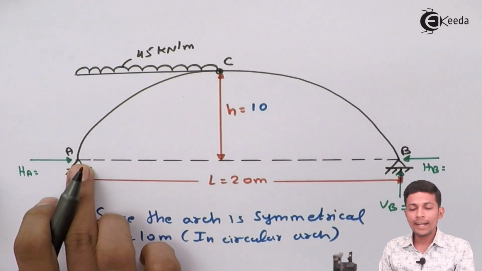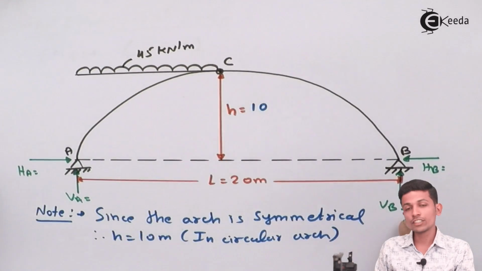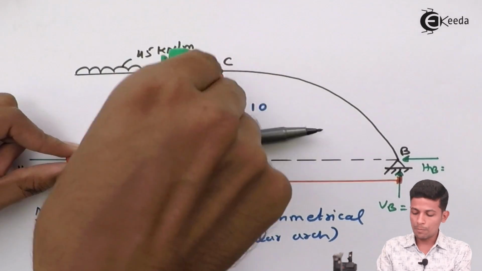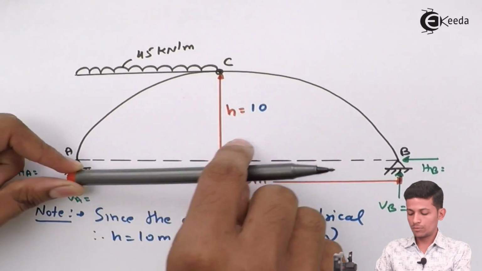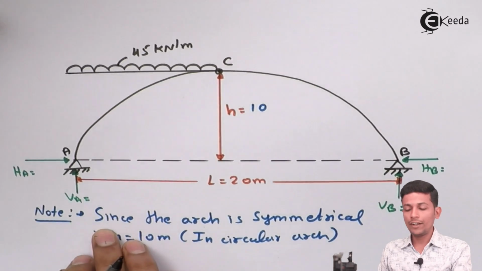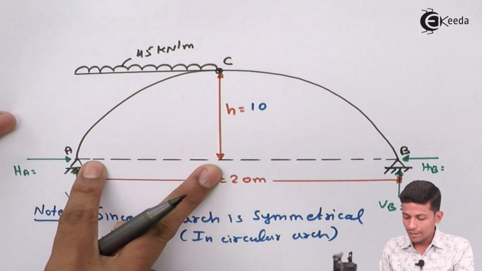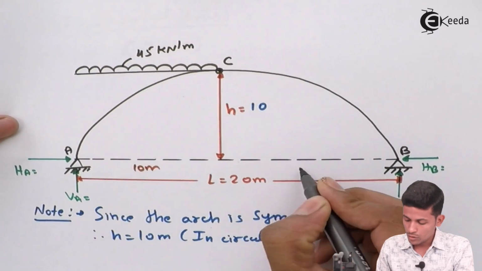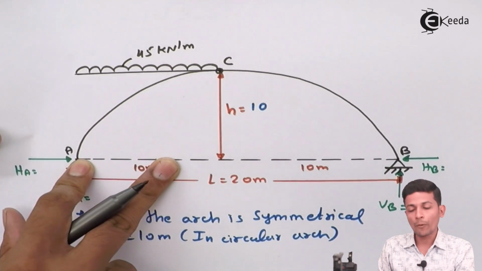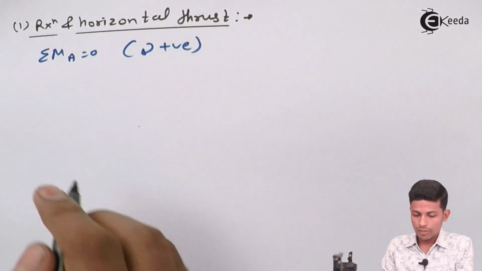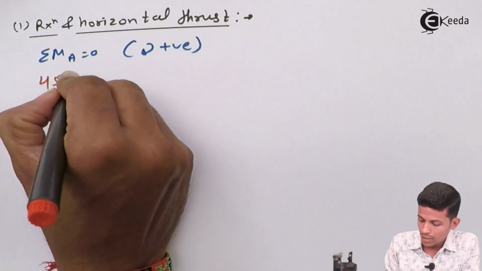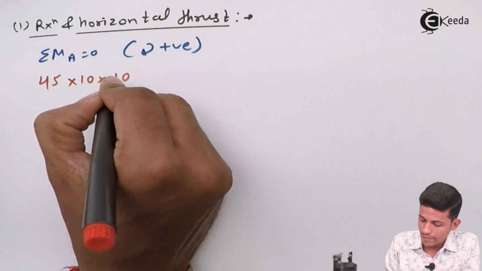See, when we are taking moment at A, this UDL comes into the picture and this VB only. Applying the load from upward, this moves in this direction, so this is clockwise. So 45 into 10 into 10 by 2, as you all know how to convert UDL into a point load, this is 10 meter, and this is also 10 meter.